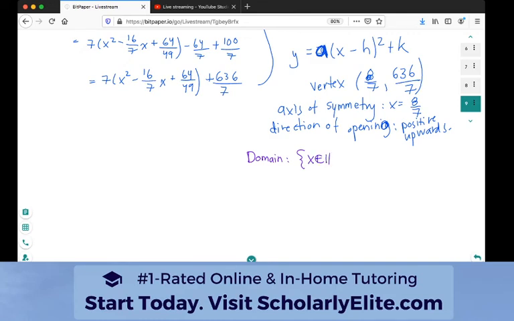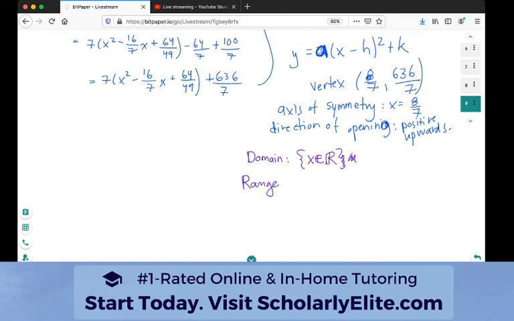We always write this because x is a function of all reals or something like that. All that matters is you start your domain statements like this, and then you say x, actually no, in this case, this is the answer because this is infinite and it doesn't actually get affected by anything. Now your range is a different story.